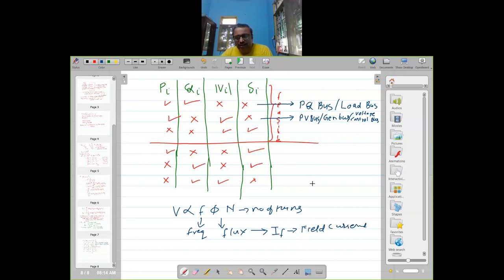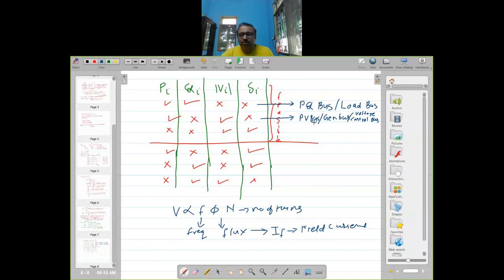We can control how much current should go into the field winding by just having a resistor there, and by that resistance you can control. Simple way. There can be other ways also, I am just discussing one. So field current you can control. If you control field current, you can control the flux. If you can control the flux, you can control the voltage magnitude. So this voltage magnitude is controllable by adjustment of field current. So we can control this, we can control this, and then we will have this as unknown.